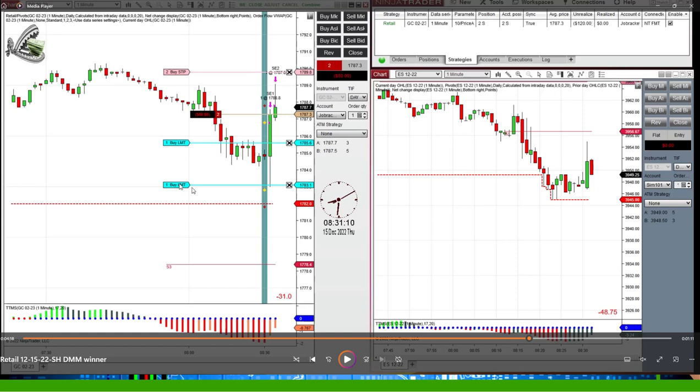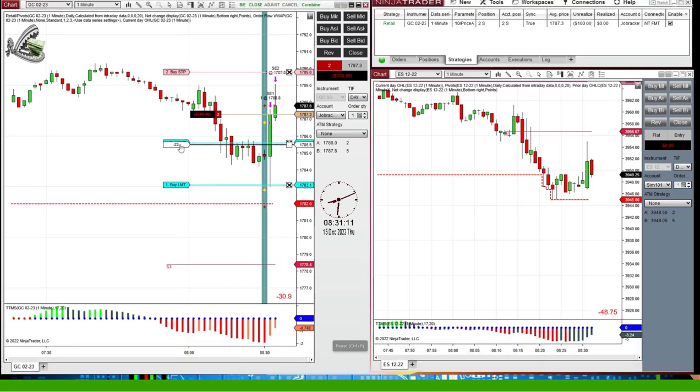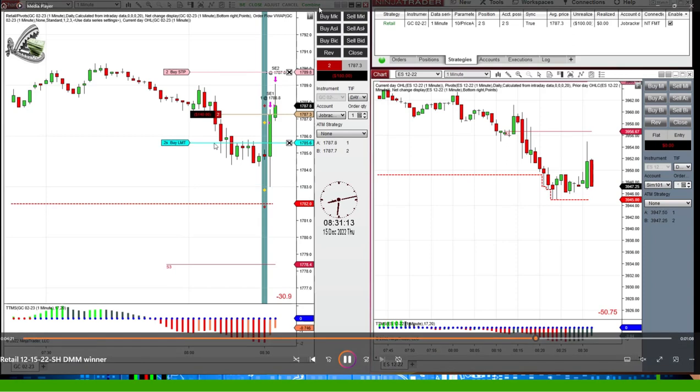So the combined will move this order to here. All right, watch. I did it manually, but had I pressed the combine button, it would have done the exact same thing automatically. That's what the combine button does.